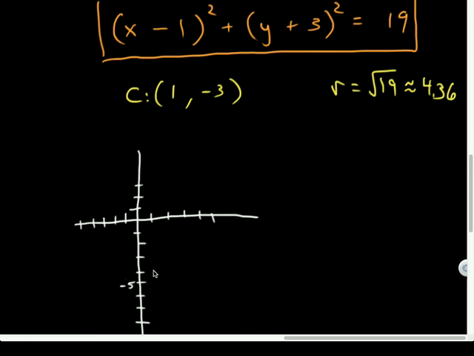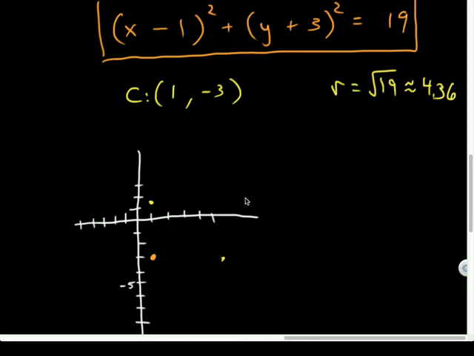So over 1, down 3, right there. Okay? We got this. Let's see. So I want to go up about 4.36. So here's 3, I just went up. There's 4, and go up a little bit more. All right, so this distance is 4.36 that I just did, roughly. I want to go over 4.36, so that's going to take me to 1 plus 4 is 5, and then I actually have to go over a little bit more there, don't I?